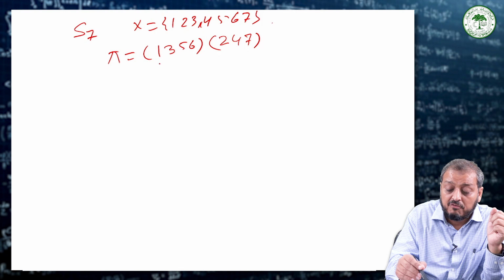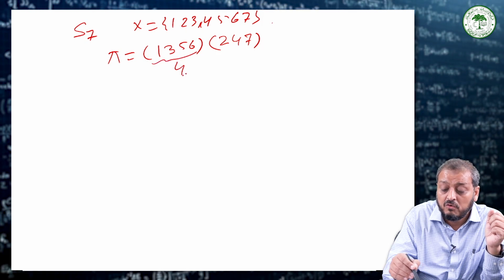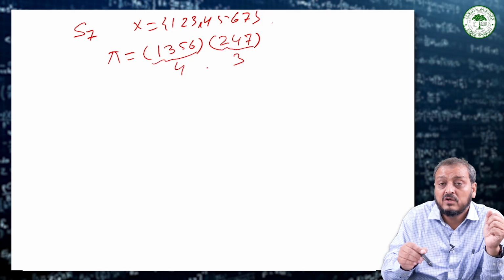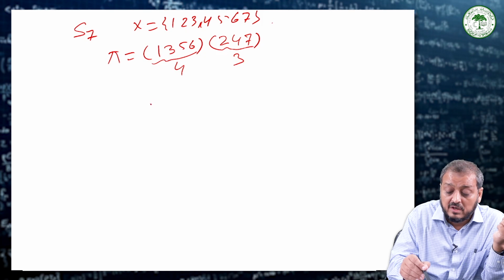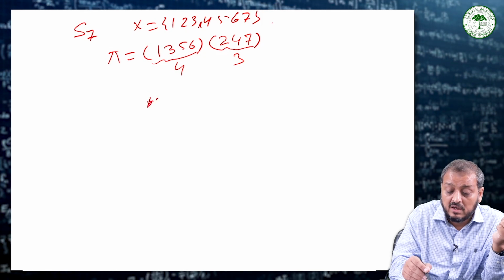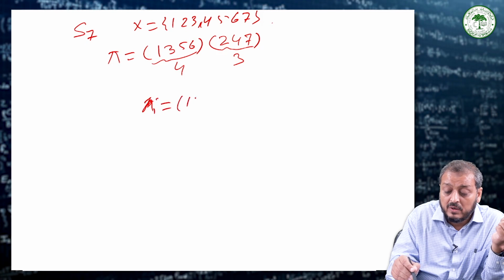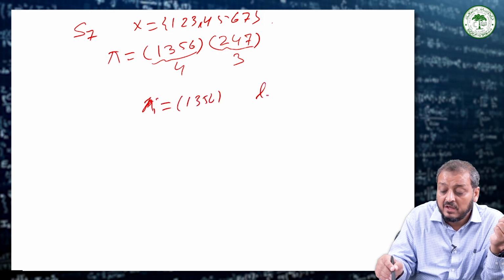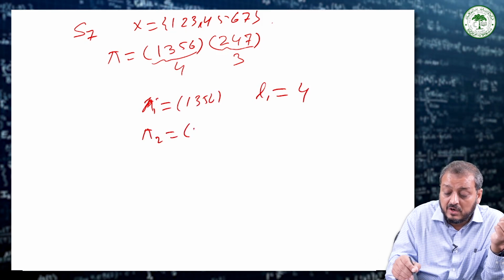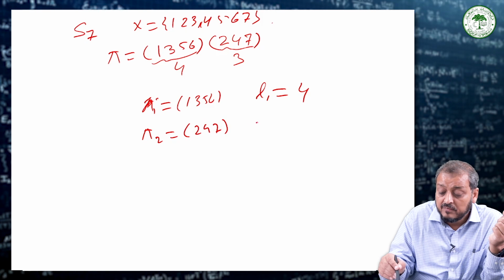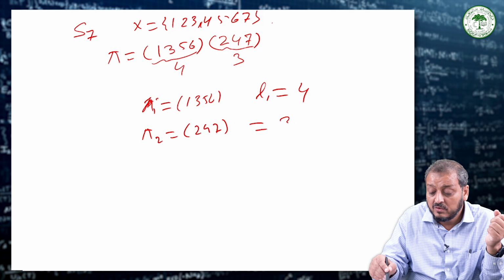We have to find the order. Clearly the length of the first cycle is 4 and the length of the second is 3. So, pi is a product of disjoint cycles: pi_1 is (1 3 5 6) with L_1 equal to 4, and pi_2 is (2 4 7) with length equal to 3.